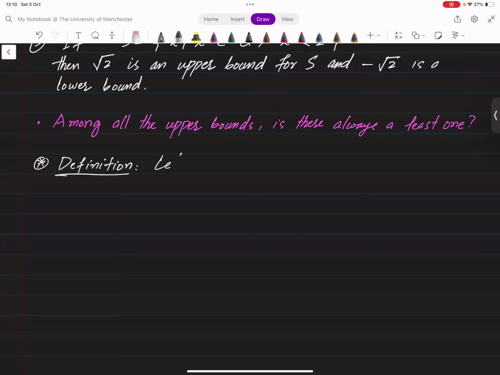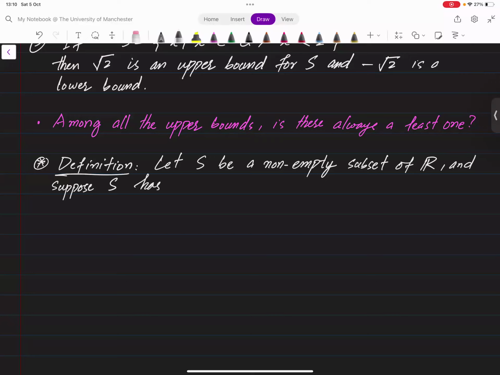Okay, so let S be a non-empty subset of real numbers, and suppose the set S has an upper bound.